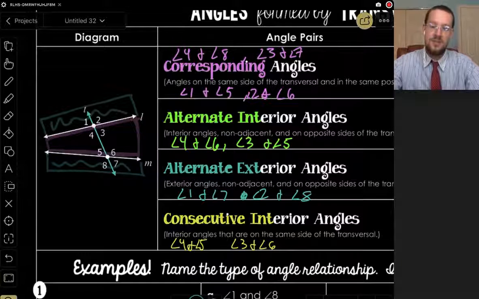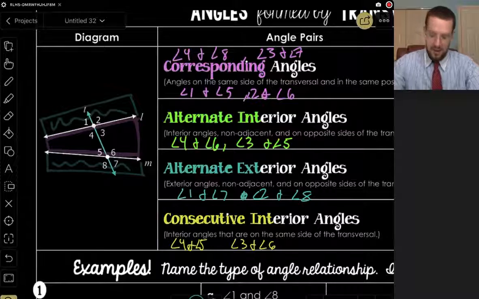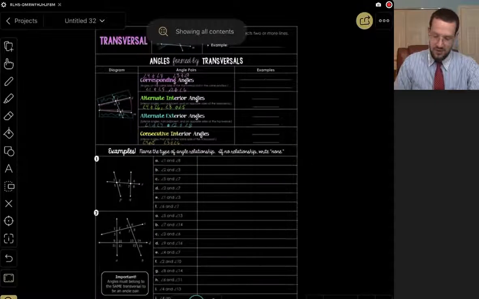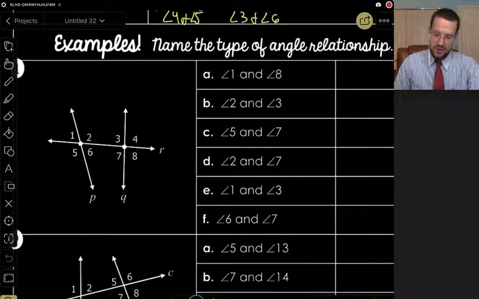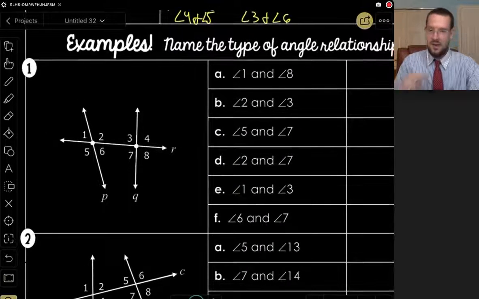So these are the ideas behind our angle relations. We want to have them in the forefront of our minds, and we will take a close look at these in class.